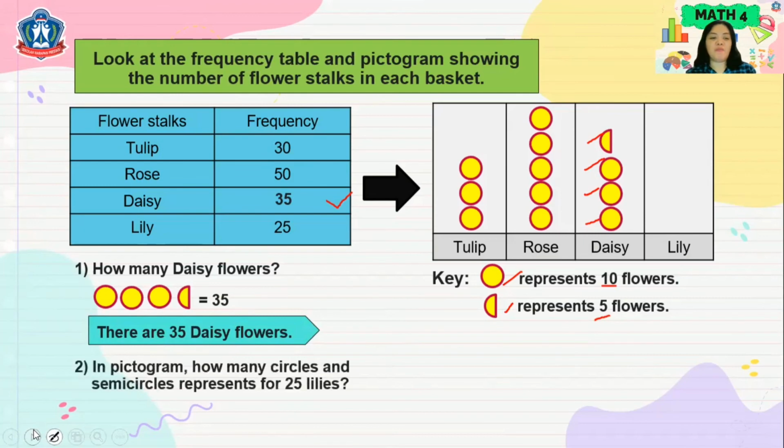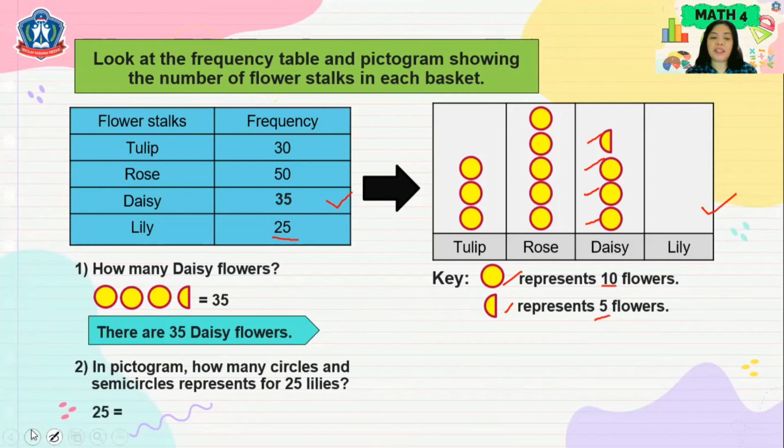Another question. In our pictogram, take a look at this one. How many circles and semicircles represent 25 lilies? So as you can see in our lily, we have 25 lilies. So in our pictogram, how many circles or half circles does it represent?